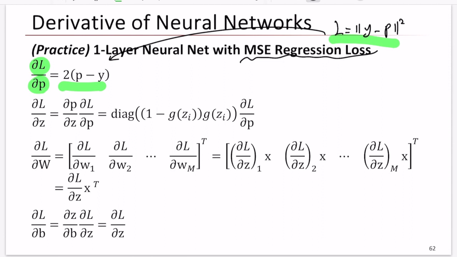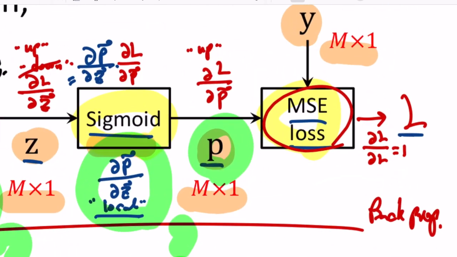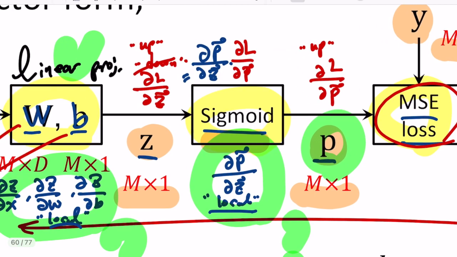After that, the loss gradient with respect to g should be the loss gradient with respect to p and the local gradient of p over g, by the chain rule.